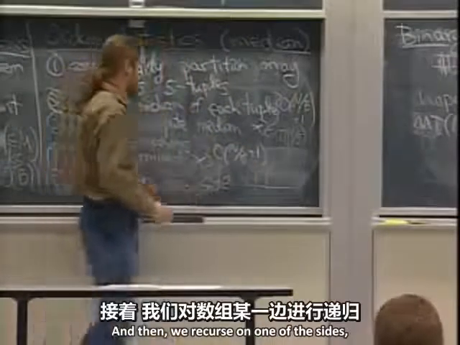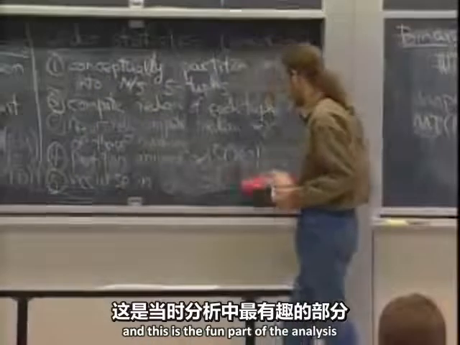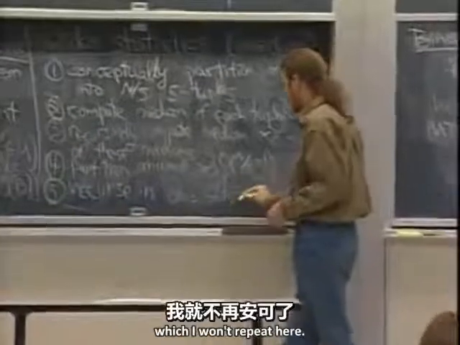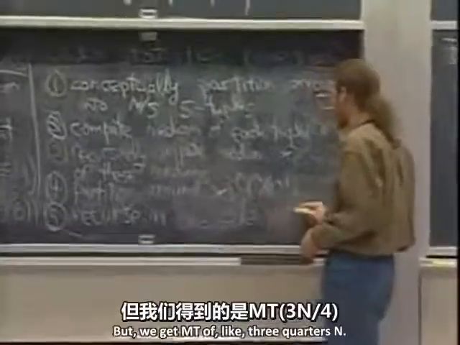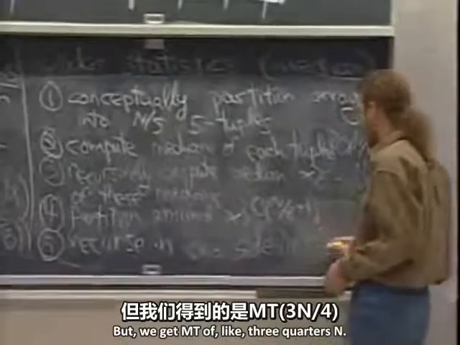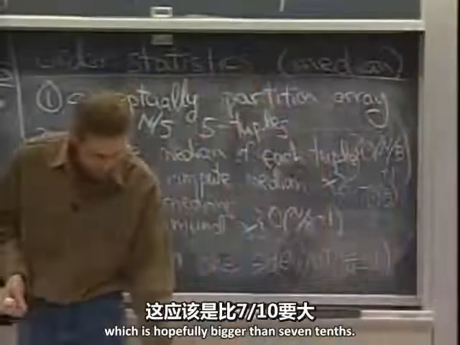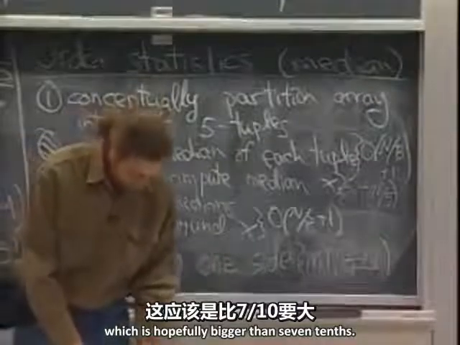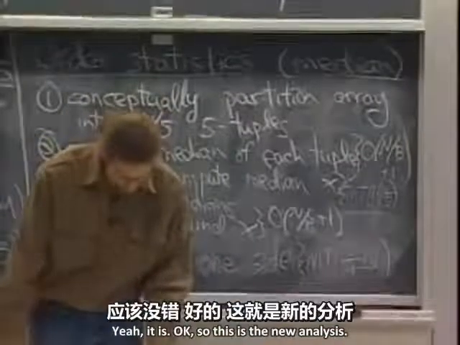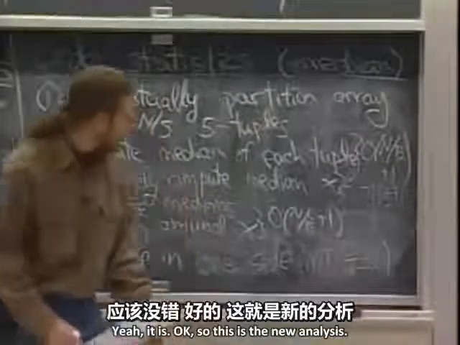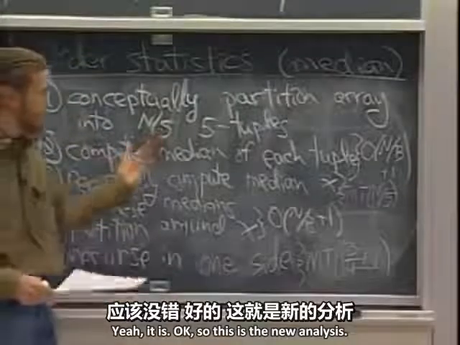And then we recurse in one of the sides, and this is the fun part of the analysis, which I won't repeat here, but we get MT of 3/4 n. I think originally it was 7/10, so we simplified to 3/4, which is hopefully bigger than 7/10. Yeah, it is.